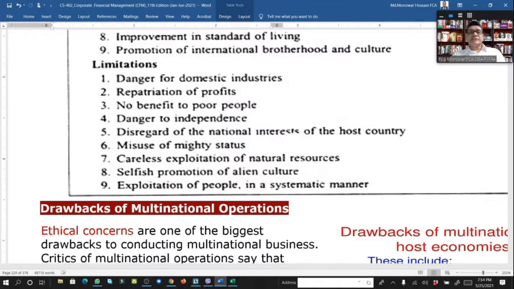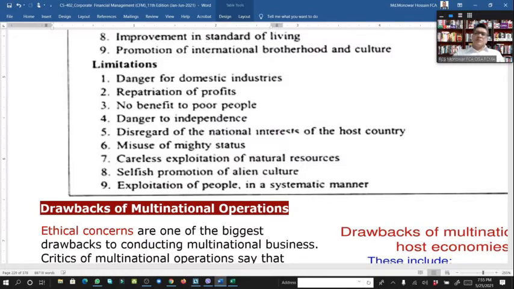That is also a matter of independence, because at that time the East India Company came here for business purposes, but once upon a time they took our full independence. There is also disregard of the national interest of the host country, misuse of might, careless exploitation of national resources, selfish promotion of alien culture, and exploitation of the people in a systematic manner.